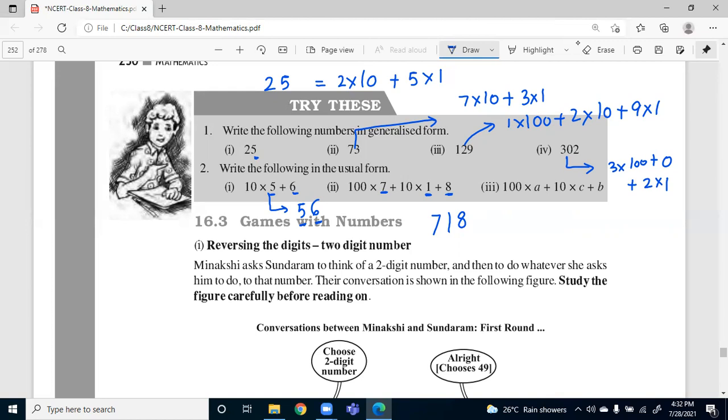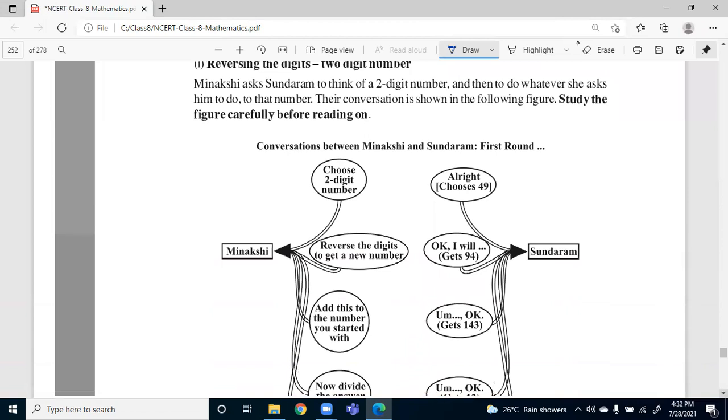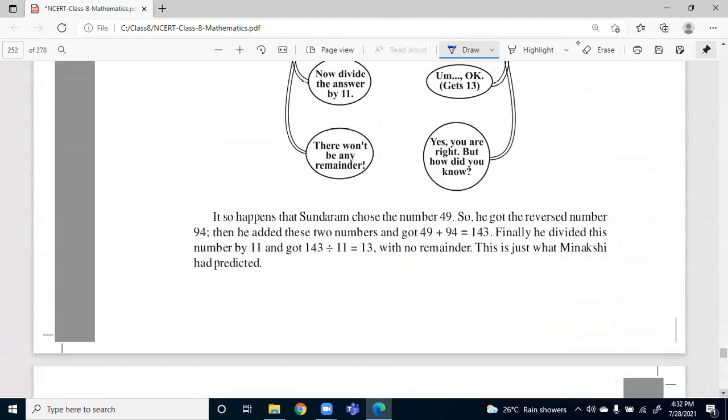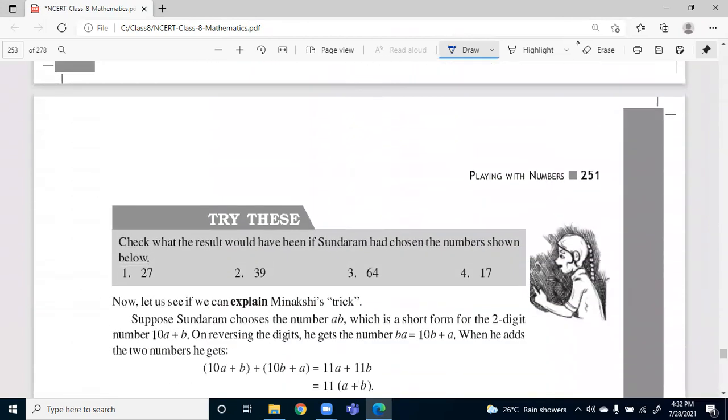Do tell me about the B part. ACB. ACB. You are correct.